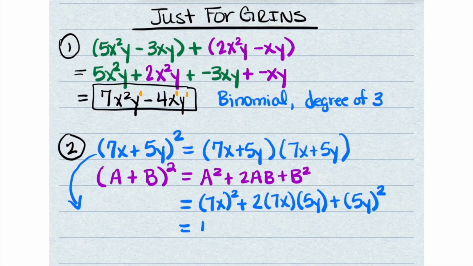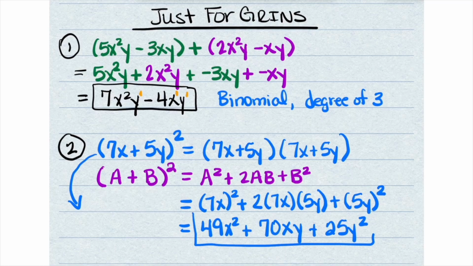So 7x times 7x is going to be 49x squared. 7 times 2 is going to be 14x. And then 14 times the 5, putting that in my calculator, that is 70xy, because you still have the variables, see? And then 5y squared, 25y squared.